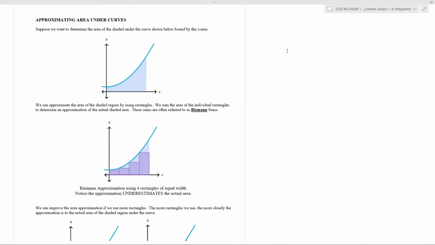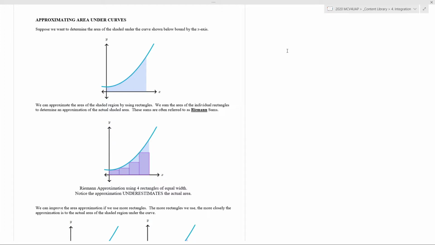We've got a function that's curved. And so that blue region is not, for instance, a square. It's not a rectangle or a triangle or a geometric shape that we can easily find the area of. So we're going to try and approximate that area.